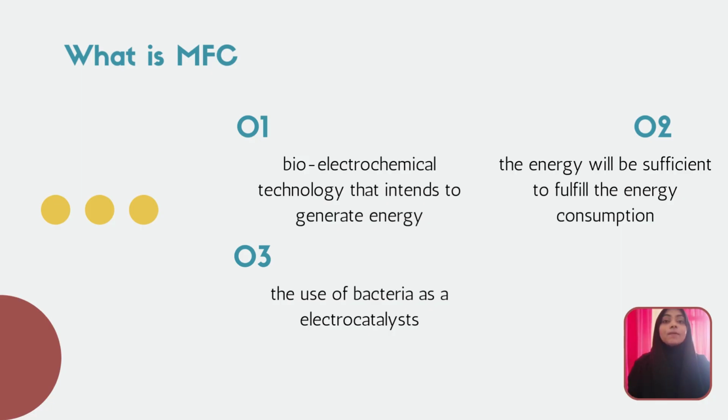Microbial fuel cells are a bioelectrochemical technology that intends to generate energy by utilizing electrons obtained from biological processes catalyzed by bacteria. The energy produced by MFC will be sufficient to fulfill a portion of the energy consumption. The use of bacteria as an electrocatalyst in MFC has enabled the generation of electricity.